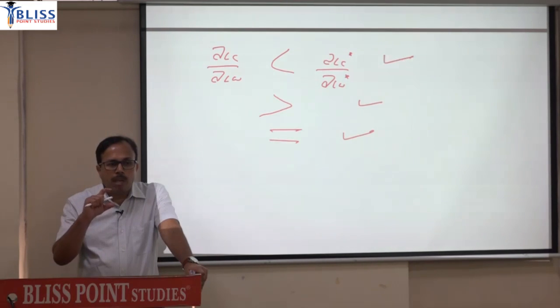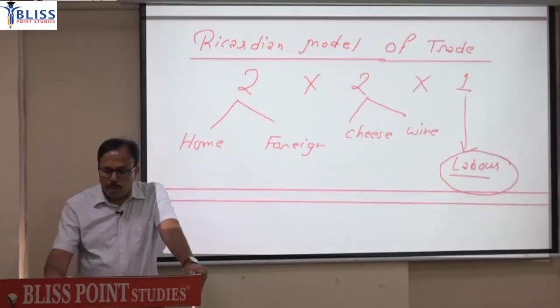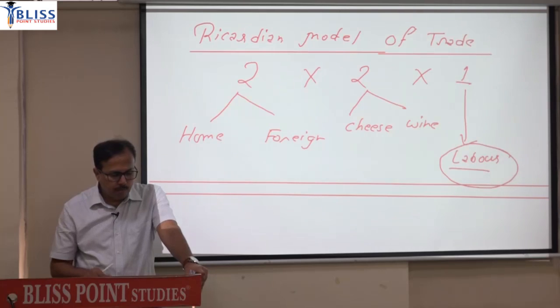So just write down the main idea of the Ricardian model first, then we can explain it in terms of the equation.